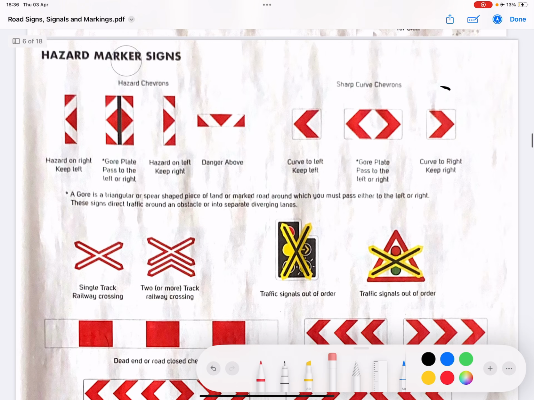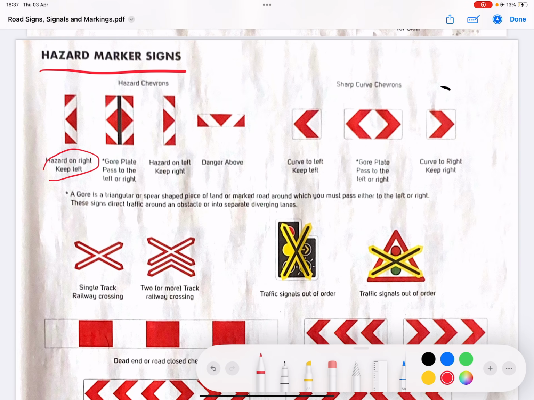Now you come to the hazard marker signs. Okay, the hazard marker signs. The hazard marker is there to mark the position of a hazard.